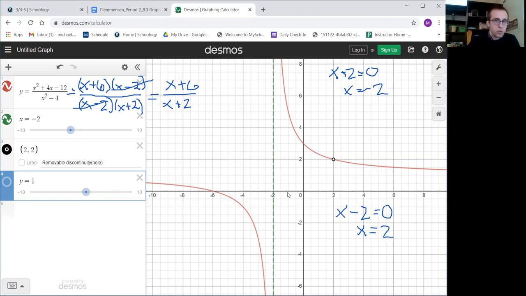That would be my first part of the process, finding my vertical asymptote and finding my removable point. Are there any questions so far on how we got our vertical asymptote or our removable point?